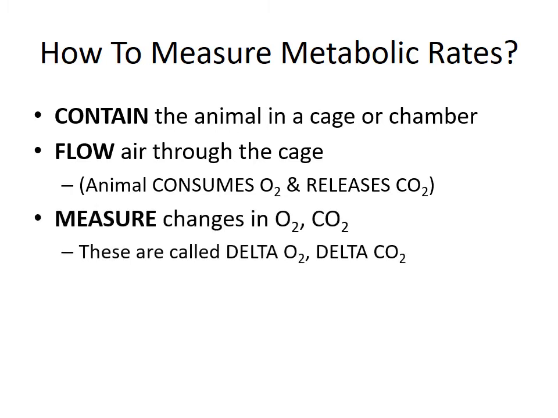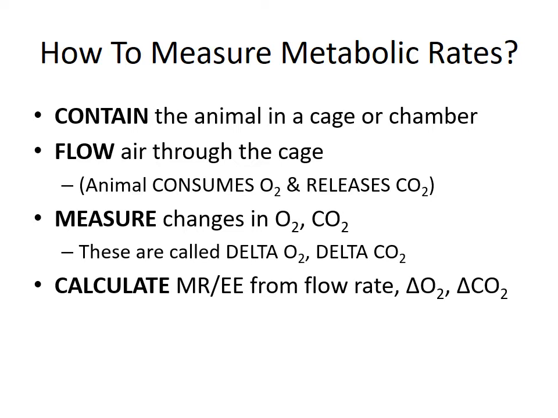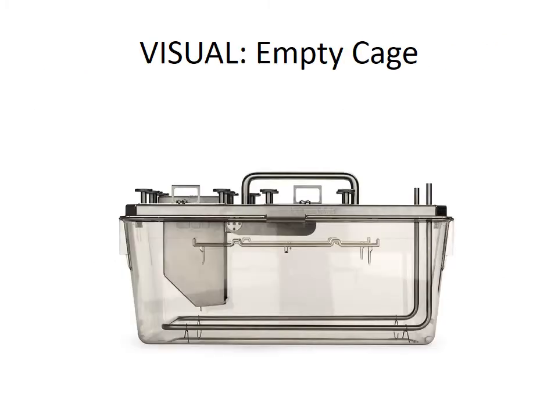So we can now measure those changes that the animal produces in oxygen and CO2, and these changes are called delta O2 and delta CO2. And then we can calculate the metabolic rate and energy expenditure from the flow rate going through the cage and from the delta O2 and delta CO2.